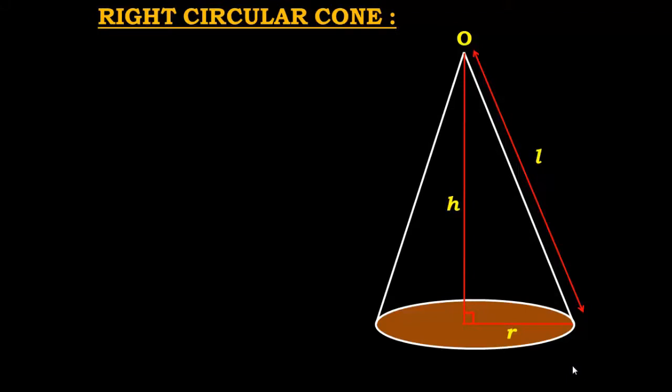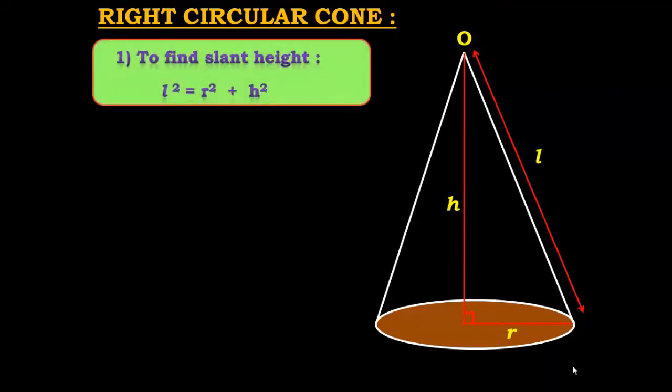Let us start with the formulas. First formula, to find the slant height: L square is equal to R square plus H square. See, in the diagram we have a right angle triangle, therefore you can use Pythagoras. You will get the formula L square is equal to R square plus H square.